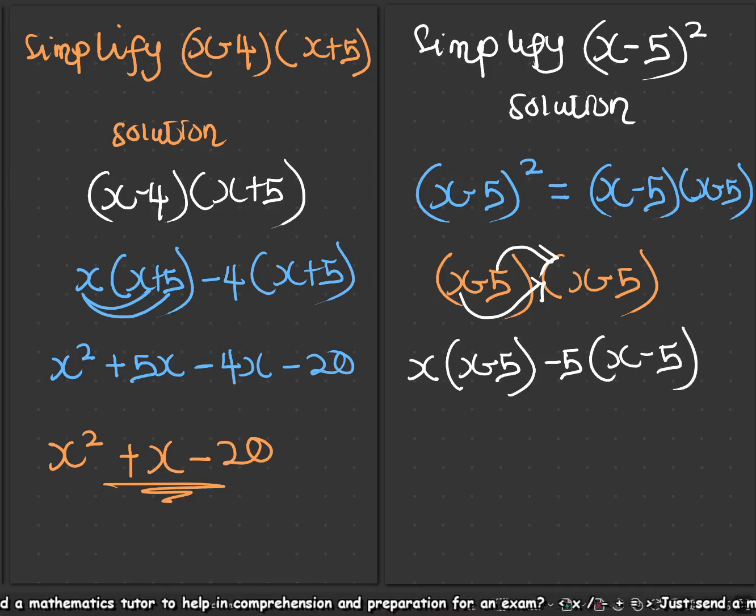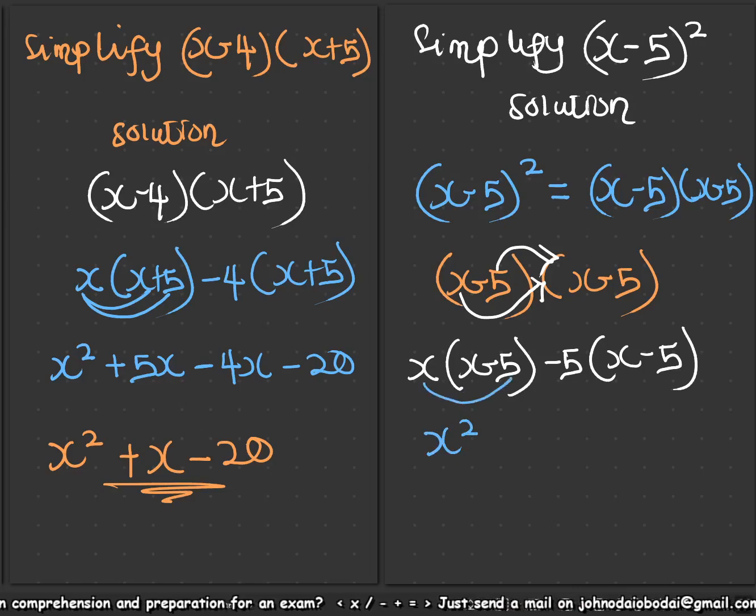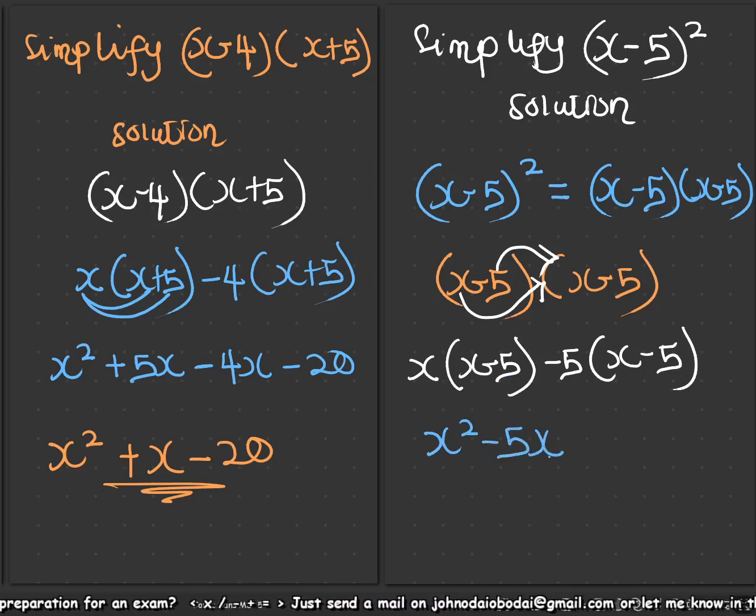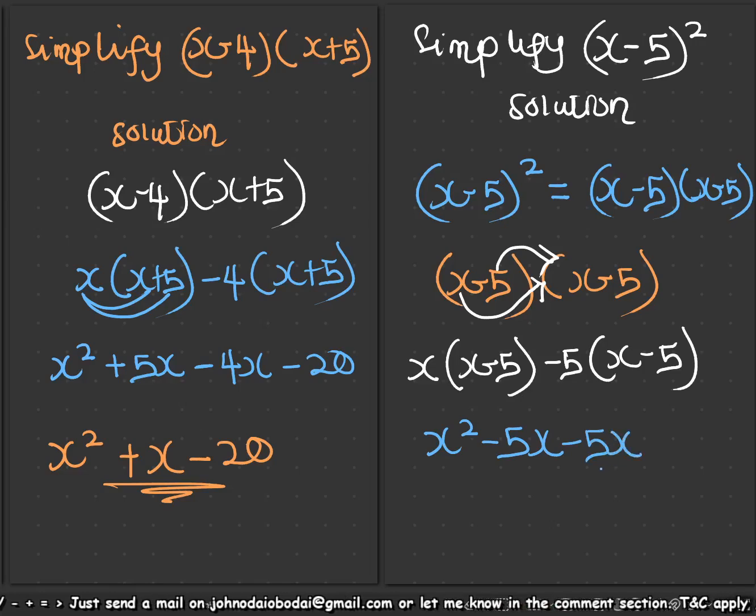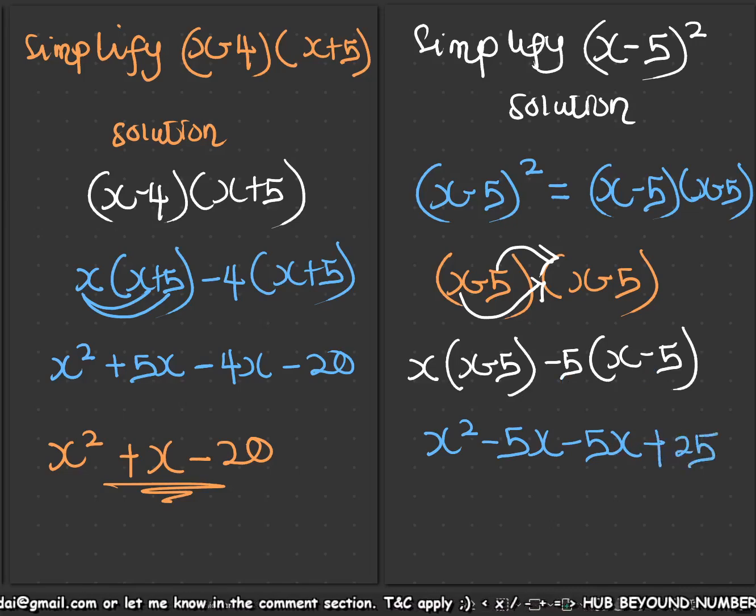Evaluating further, we have x times x, which gives us x squared. Then x times negative 5 gives us a negative 5x. Then we have our negative 5 multiplying x, negative 5x as well. Then take note of what we are going to do next. Negative 5 times negative 5 gives us a positive 25.